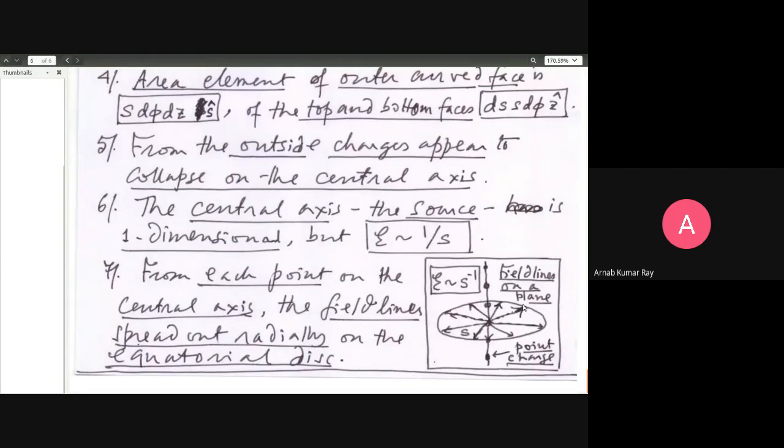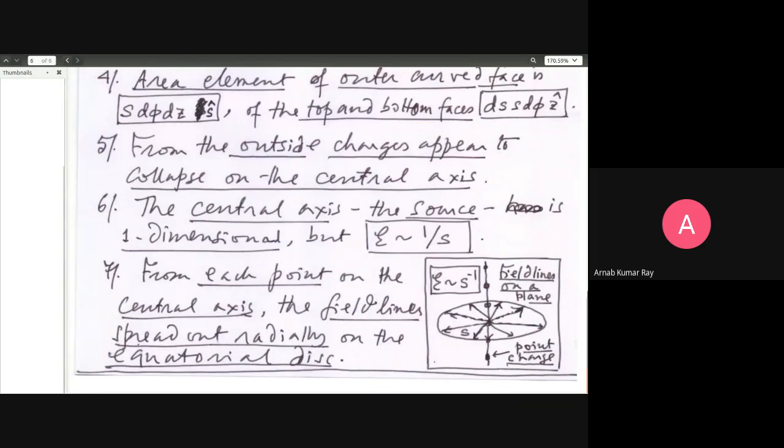But suppose you bring another charge above it, then that charge will be throwing field lines below. So all the field lines could be decomposed into a vertical component along the axis and a horizontal component perpendicular to the axis. All the vertical components along the axis, up and down, will cancel out, and what will survive are only the horizontal components which are normal to the axis.